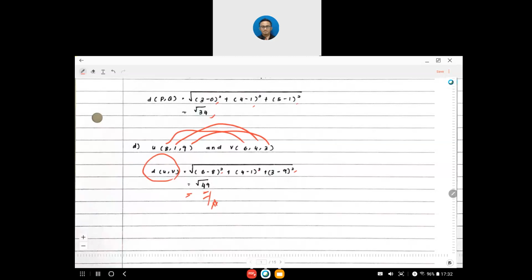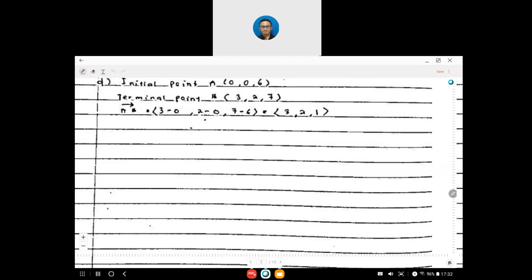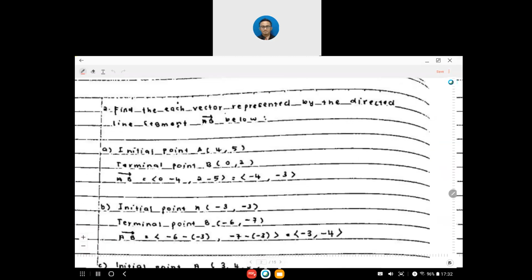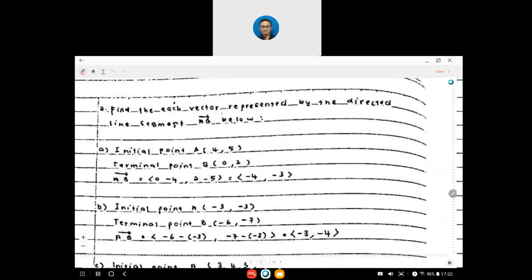Now look at question 2. Find each vector represented by the directed line segment AB below. So this one you want to find vector AB. Starting from A is the initial point and then the terminal point is B. It is given the initial point A is (4, 5), terminal point B is (0, 2).